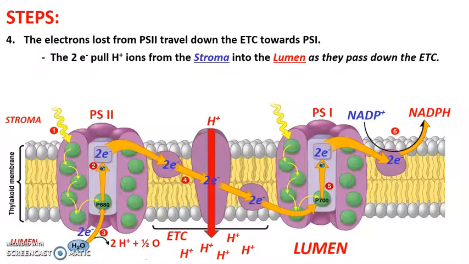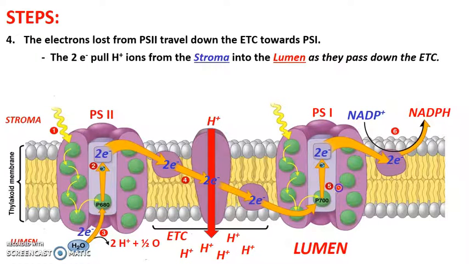And as they do, since they're negatively charged, they'll attract more hydrogen ions that are in the stroma and suck them against their gradient down into the lumen. So I'm producing an extremely high concentration of hydrogen ions here in the lumen from both the splitting of water molecules as well as the movement of electrons from PS2 to PS1. You have additional ones being pulled from the stroma down back into the lumen.